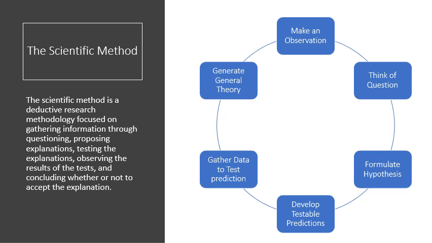You record them. You conclude whether or not to accept that explanation. And you let other people know about what you found. Usually, at the end of your test, when you've created a general conclusion, that conclusion will lead to more questions, which you then turn around and test, and the process begins again. By following the scientific method, you will end up adding to the general knowledge that we have about the world.